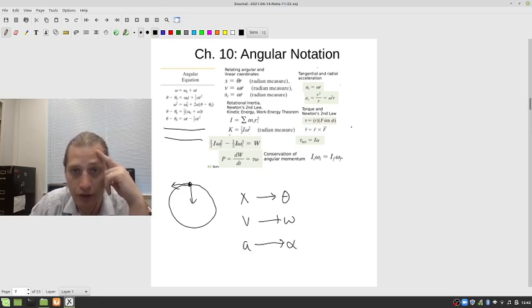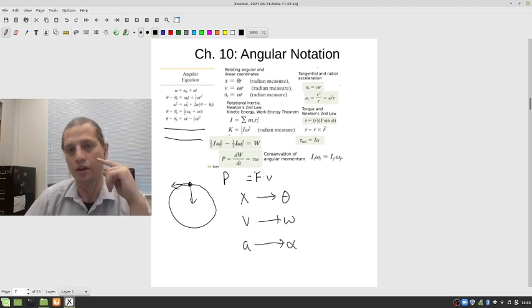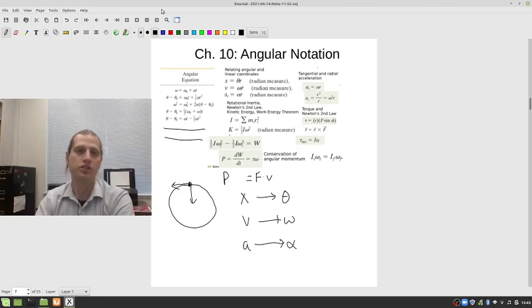Instead of F equals ma, we have torque equals I times alpha. Instead of the change in kinetic energy equaling work, we have the change in kinetic energy equaling work. Okay, that one seems pretty similar. Instead of power equals force times velocity, we have power equals torque times angular velocity. So you can see how we're just copying stuff.